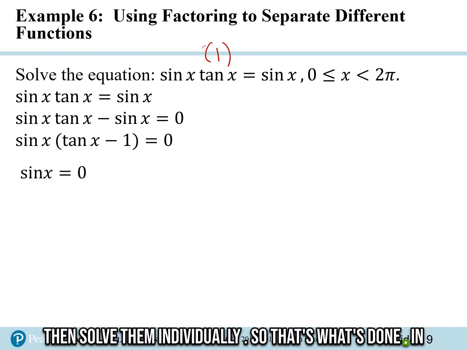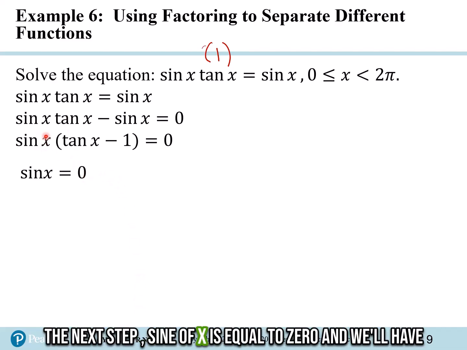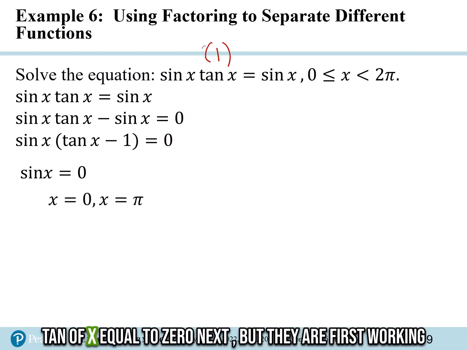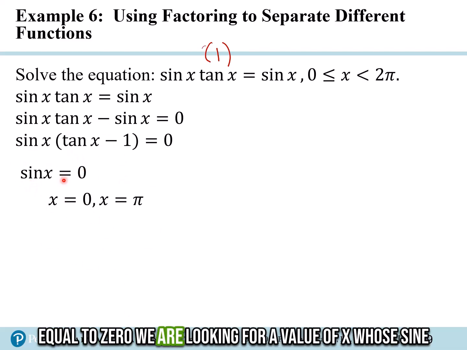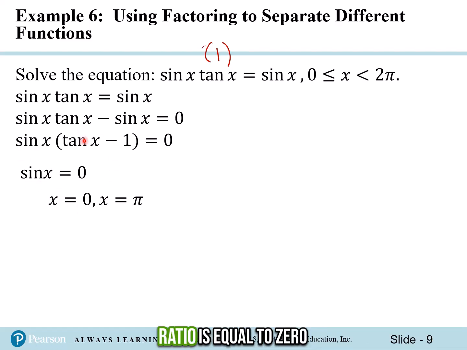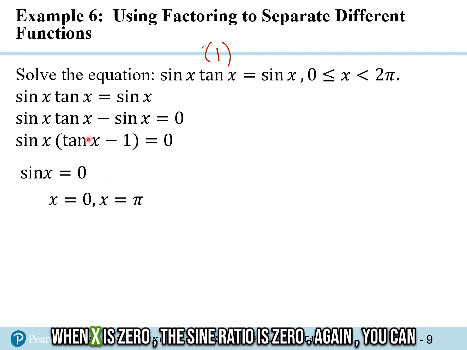So that's what's done. In the next step, sine of x is equal to 0 and we'll have tan of x equal to 0 next, but they are first working with sine of x, so let's follow along. So if sine of x equal to 0, we are looking for a value of x whose sine ratio is equal to 0. When x is 0, the sine ratio is 0.